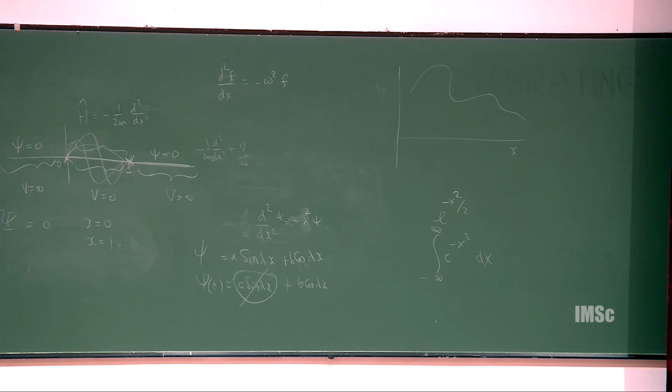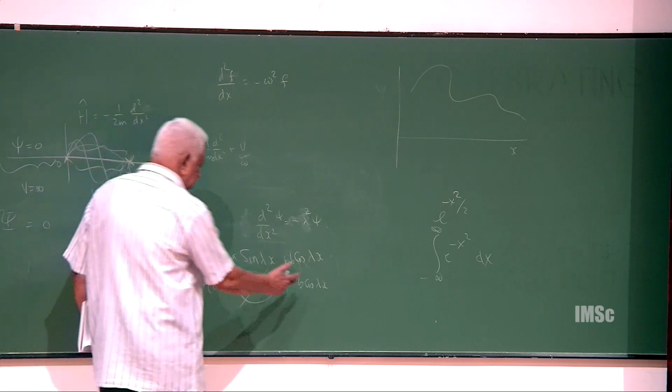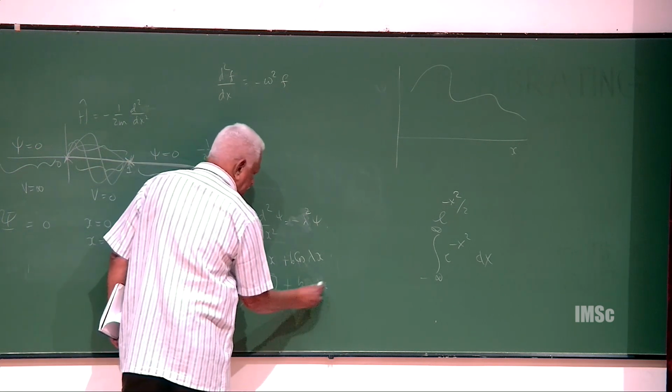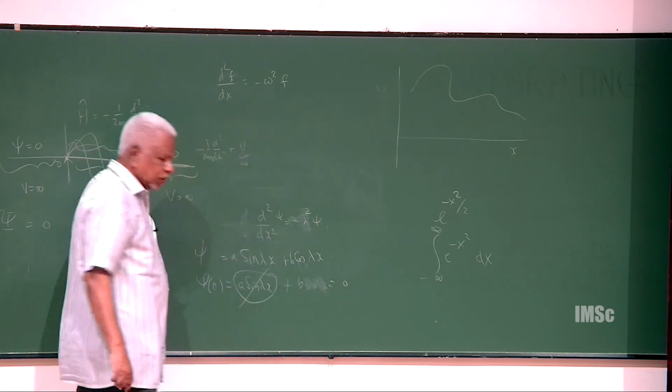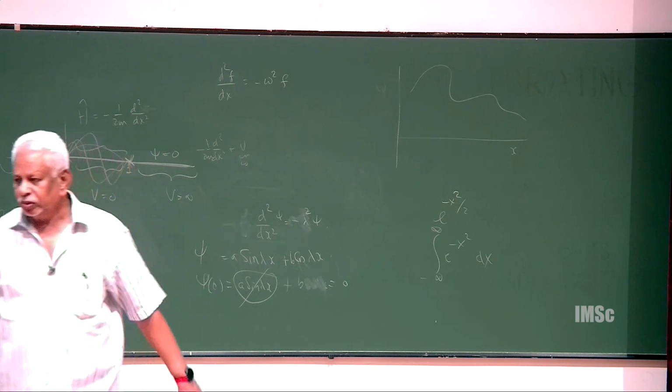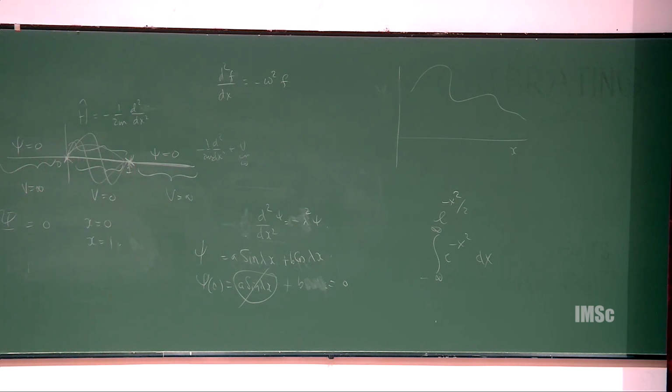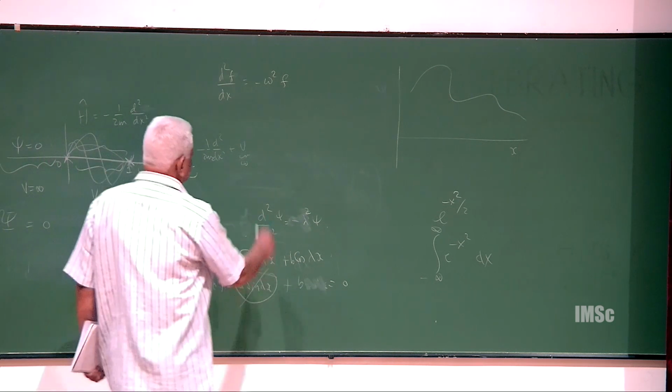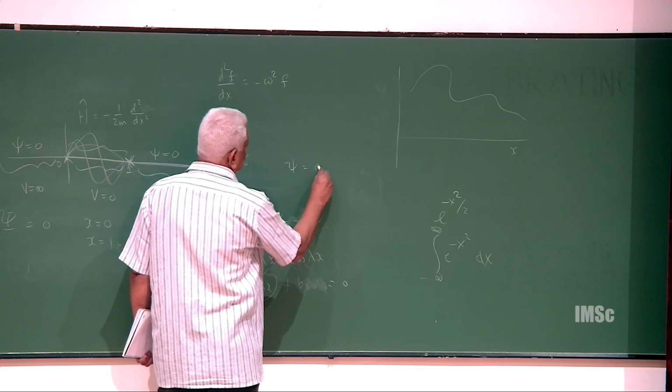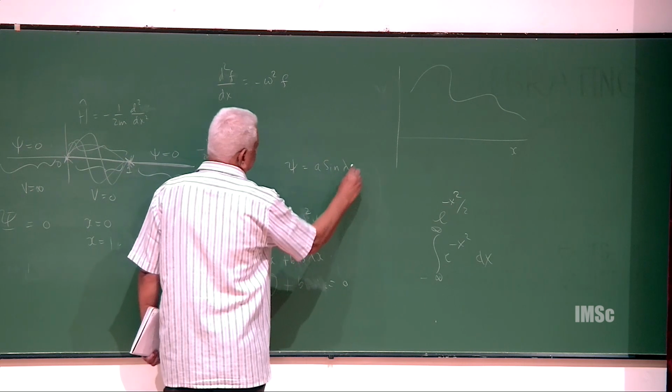So I will have only B here, and that should be 0. We expect it to be 0. So B is 0, and your solution is only psi is A sin lambda x.